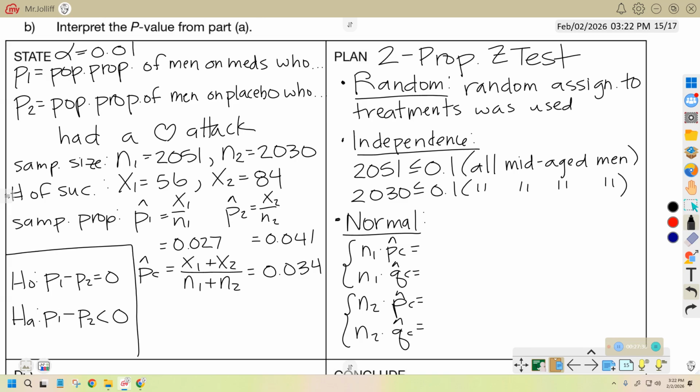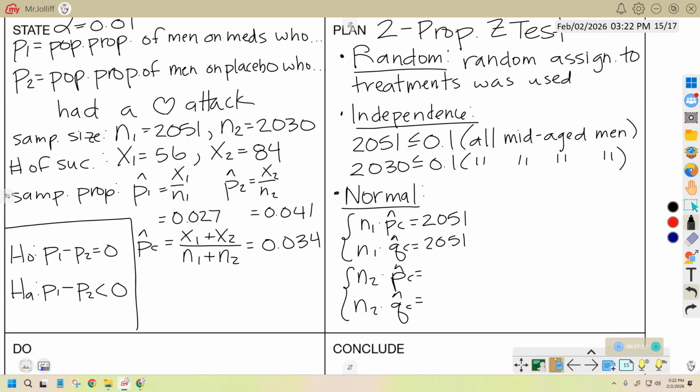So I'm going to start batch filling in. I'm going to work vertically as I build my equations outward. So sample size 1 was 2051. Sample size 2 was 2030. I'm going to multiply those by some percentages.